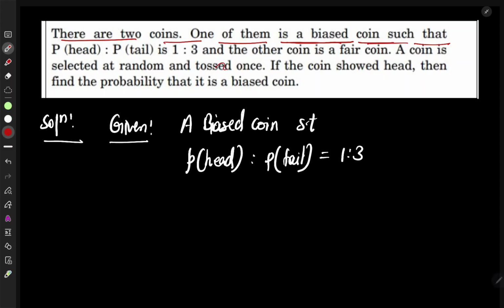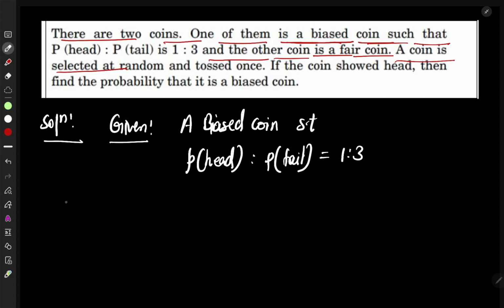Now the next thing: and the other coin is a fair coin. A coin is selected. So first of all, selection of the coin. Picture wise they look the same, but the weight distribution is different. Any coin you are going to select, so the probability of selecting the biased coin or the fair coin will be the same.